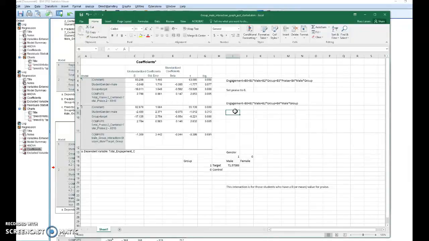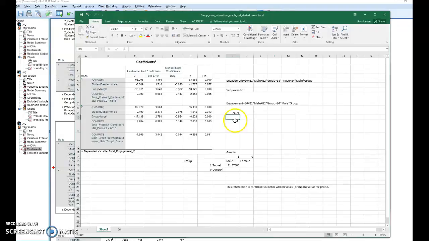So this is going to be 92.879 plus this beta 1 times the number 1, so it's actually going to be minus 2.4, plus the value of times group times 1, so that's going to be minus 17.35, plus this negative value times 1 times 1, so it's going to be simply minus 1.369.